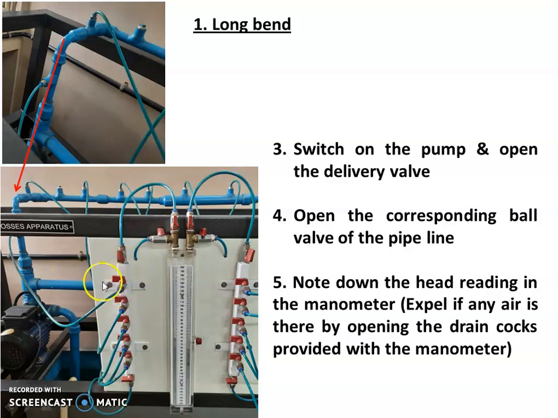Later on, we need to open the first ball valve in order to note down H1 and H2. Before that, we need to see to it that there is no air present. So, if there is any air, remove it by opening the drain cocks.